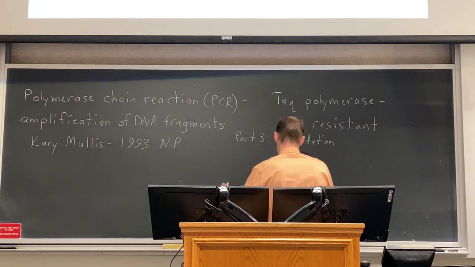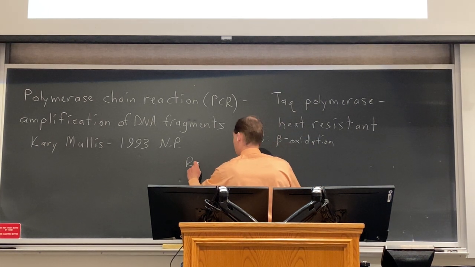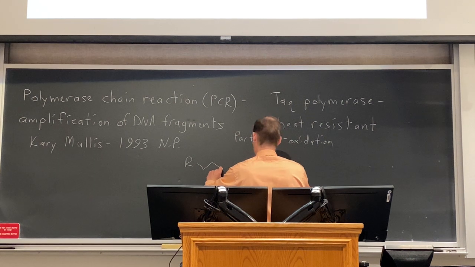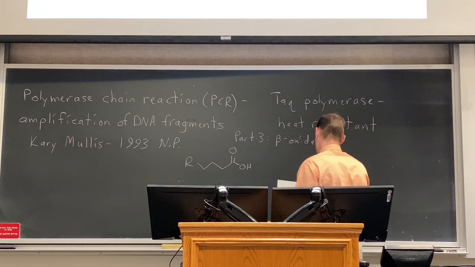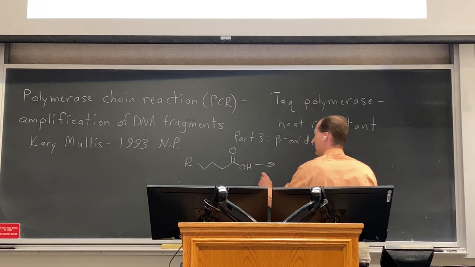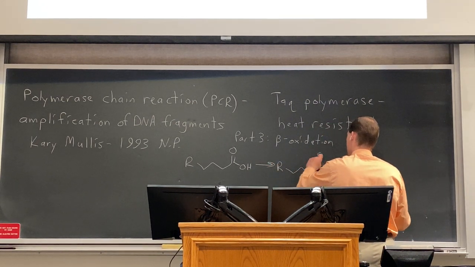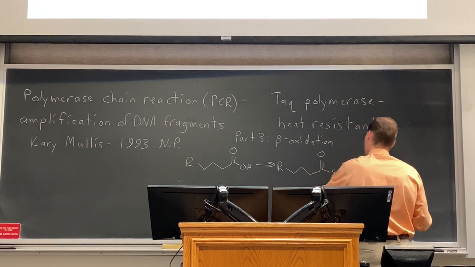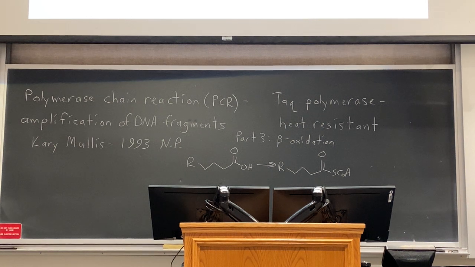So we're going to have a long chain fatty acid. I'm not going to draw the whole chain. We're going to use R groups. And first we have to convert that long chain fatty acid into a thioester, a thioester of coenzyme A, okay?